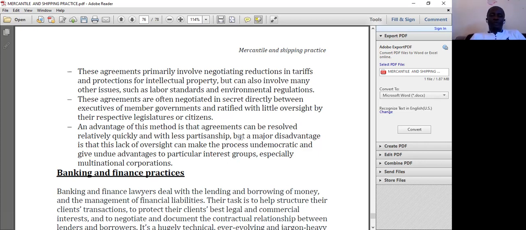An advantage of this method is that agreements can be resolved relatively quickly with less partisanship. But a major disadvantage is that this lack of oversight can make the process undemocratic and give undue advantage to particular interest groups.